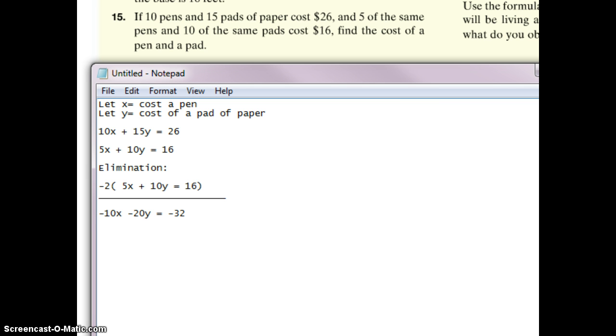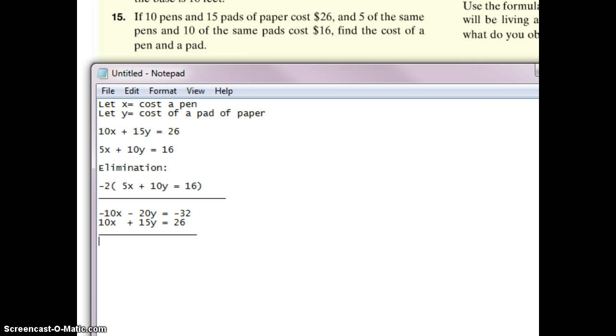That was the bottom equation, so let's just go ahead and write the original top equation right underneath it: 10x plus 15y equals 26.